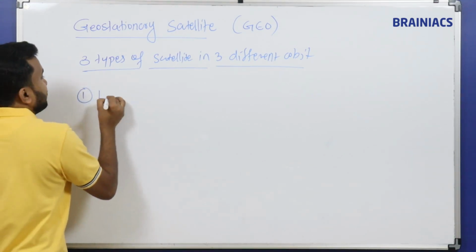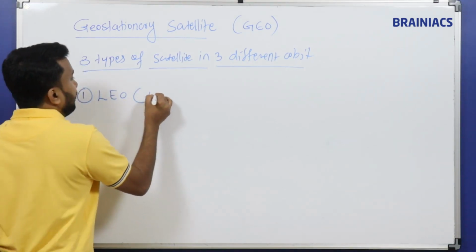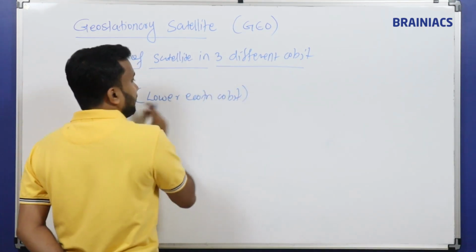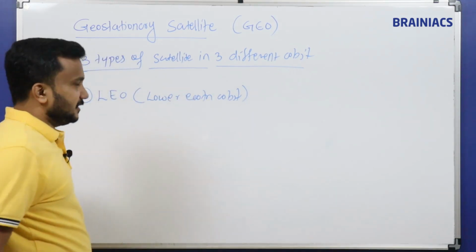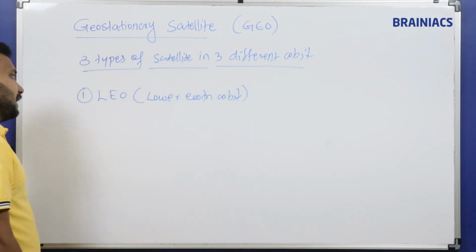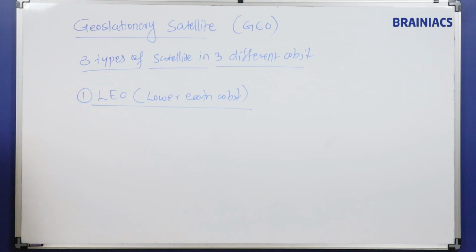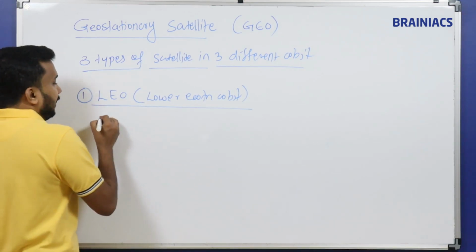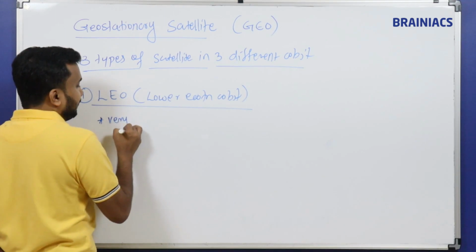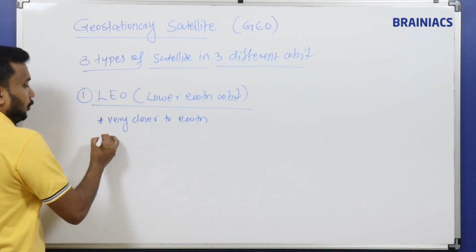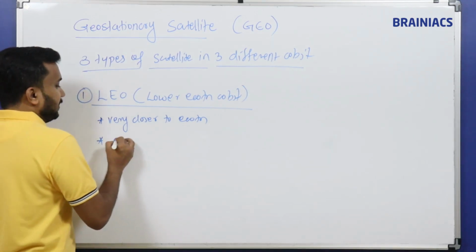One is called LEO, lower earth orbit, which consists of lower earth orbit satellites. This category of satellites is very close to the earth, not very far away, and this kind of satellite is called lower earth orbit.